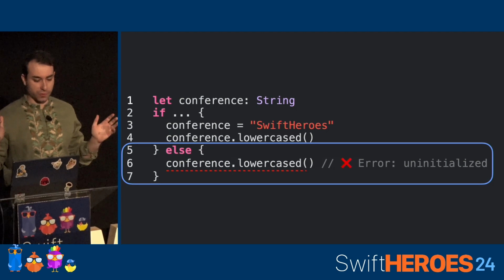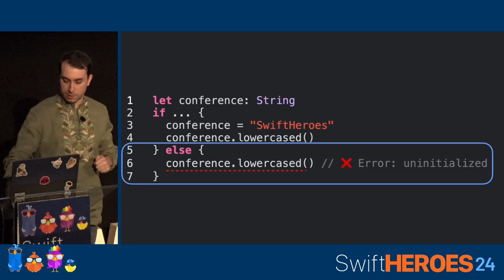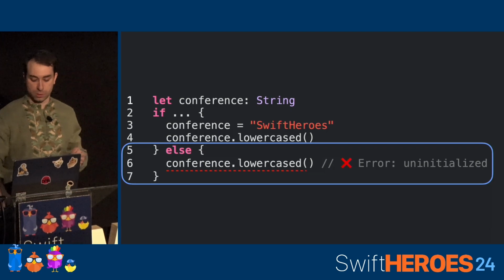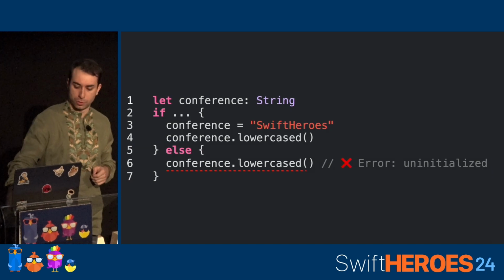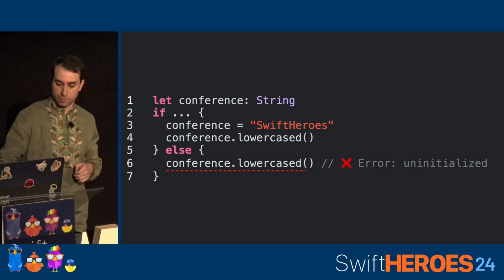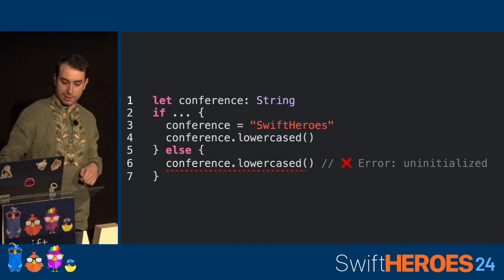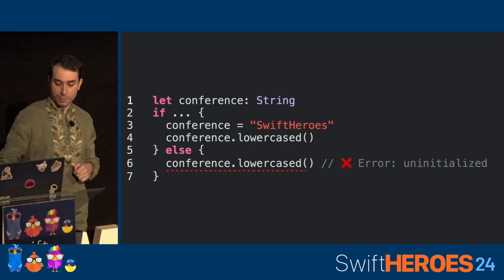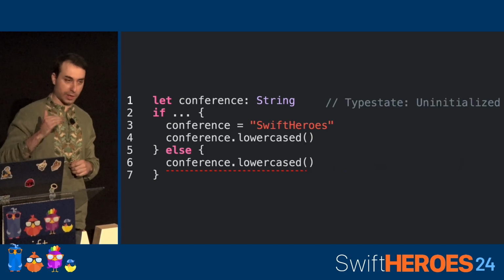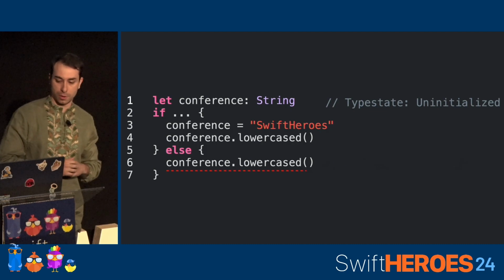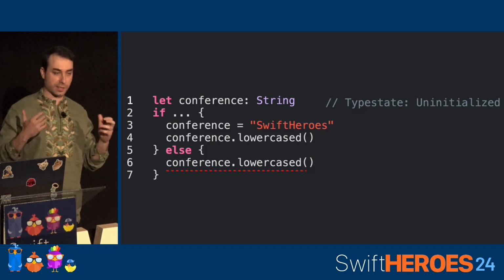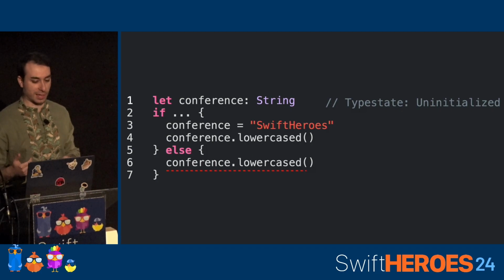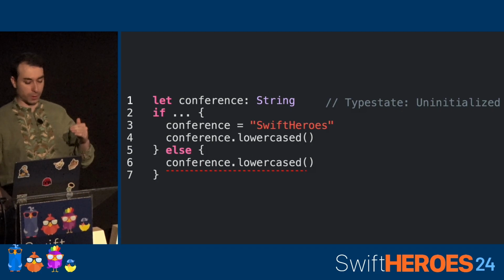Now, this all seems very familiar, and we could get used to it, but how does it actually work? So there's something under the hood of the Swift compiler that makes it possible, and this something is called type state analysis. Now, the way it works is the compiler actually analyzes the lifetime of our code, and it looks at the code and it assigns state, or in this case type state, for a variable throughout its lifetime.